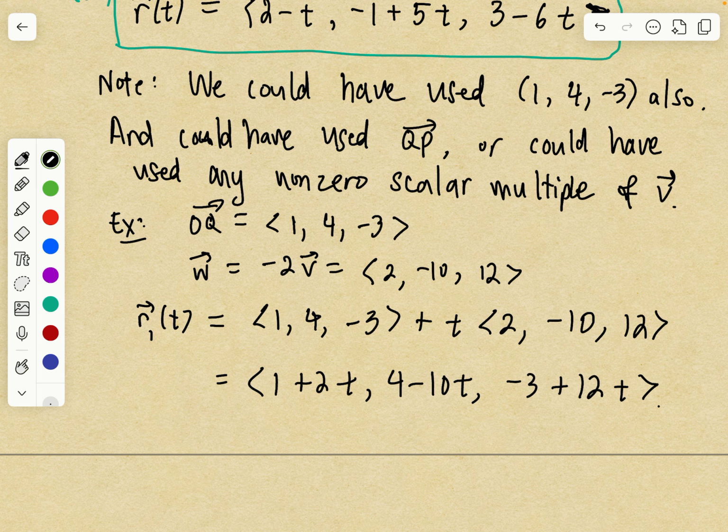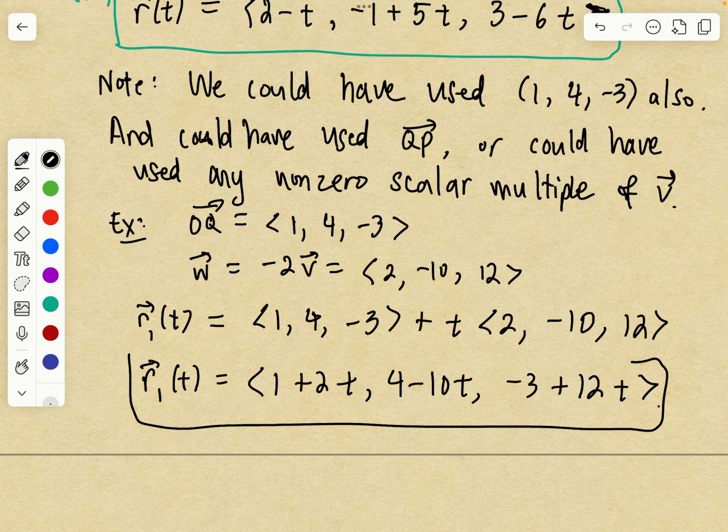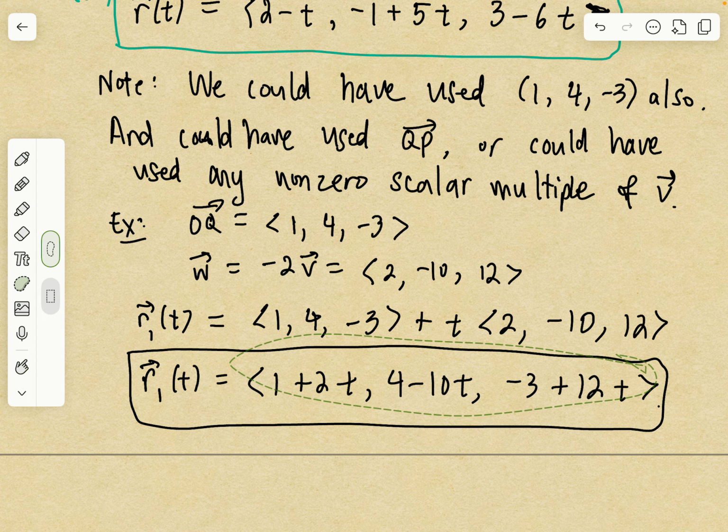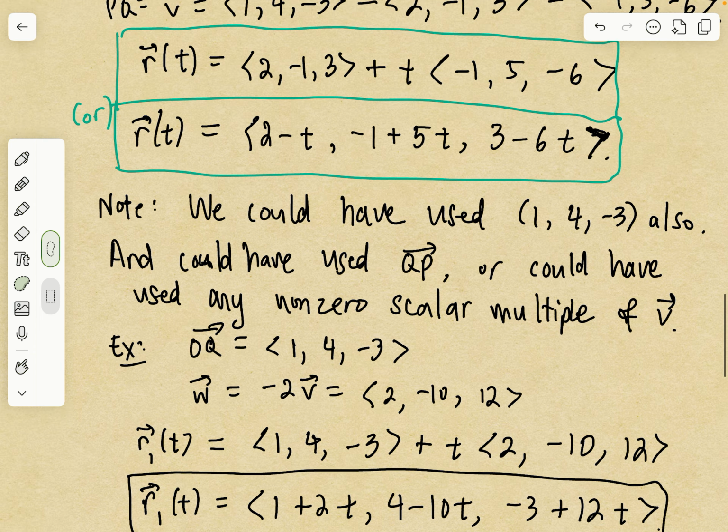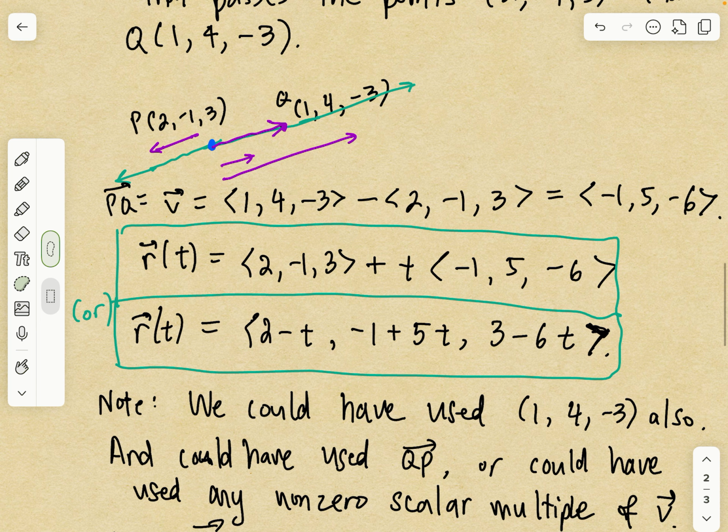If you take this equation, r1 of t equals that, and you imagine plugging in all the possible real numbers for t, and then plotting what you get, you would end up getting the same line. You would have still gotten this line.